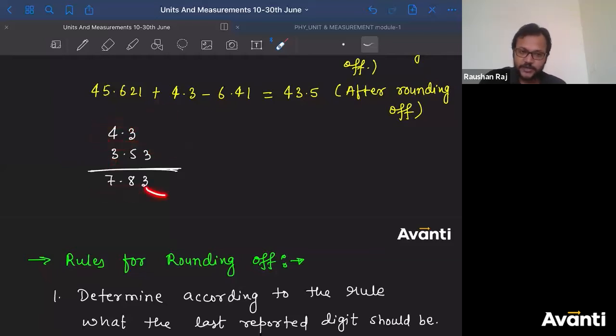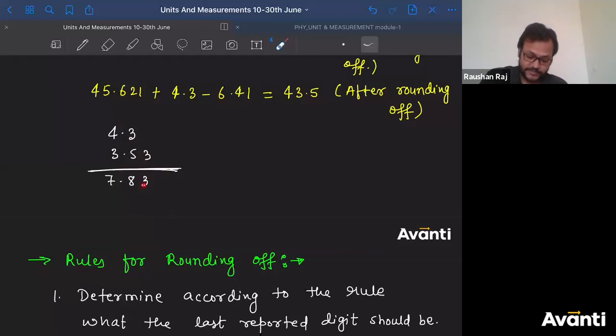Can I say this 3 is already uncertain coming from here? Can I say now this 8 has also become uncertain because 3 is uncertain here? So I can safely say that the result of addition or subtraction will have the least number of decimal places, because the uncertainty has come to this part.